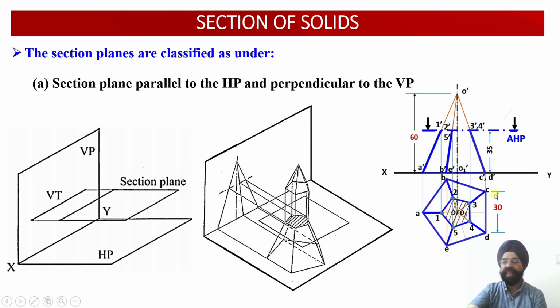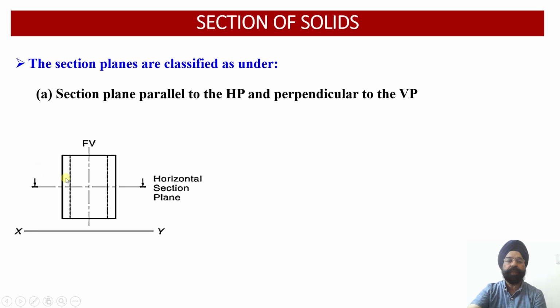This is the example which we will be discussing in the subsequent lecture. So here we had the pentagonal pyramid. It has been cut by a cutting plane which happens to be parallel to the horizontal plane and perpendicular to the vertical plane. And after cutting, this is the true shape of the cut section which we are required to obtain. So this is the example of a cutting plane parallel to the horizontal plane and perpendicular to the vertical plane. Another example you can see, this is a cylinder, right?